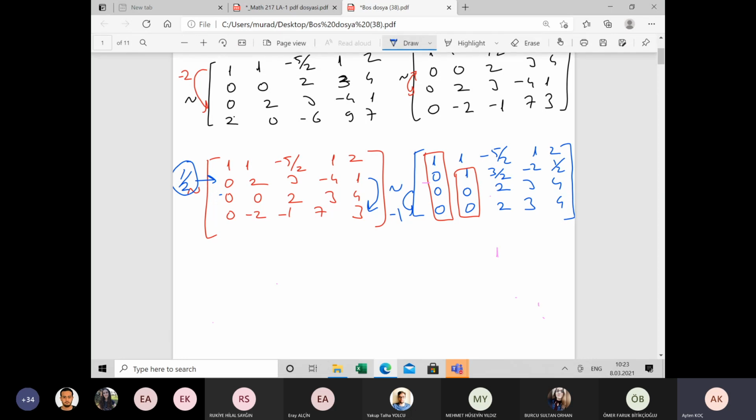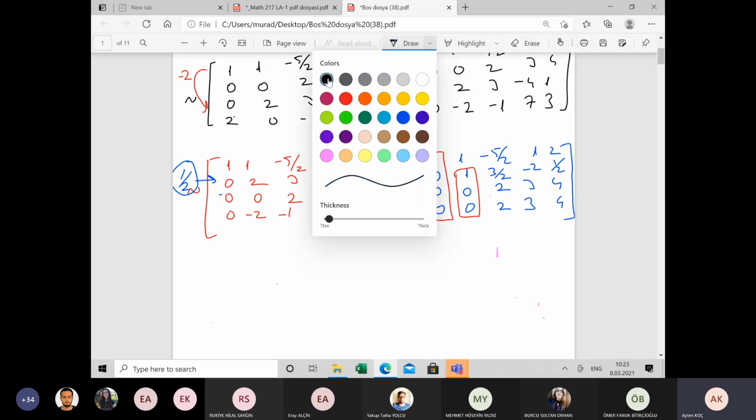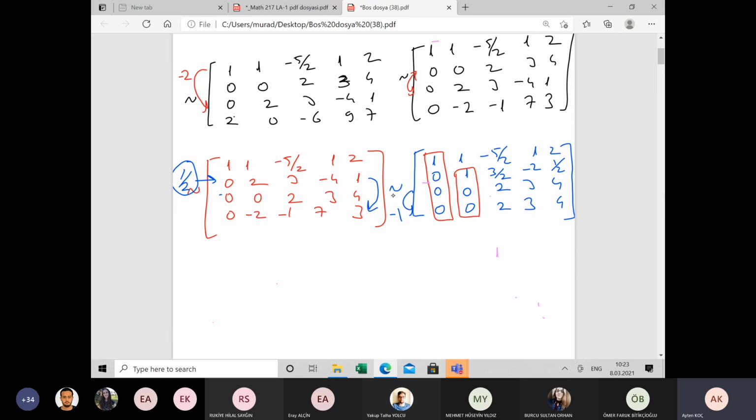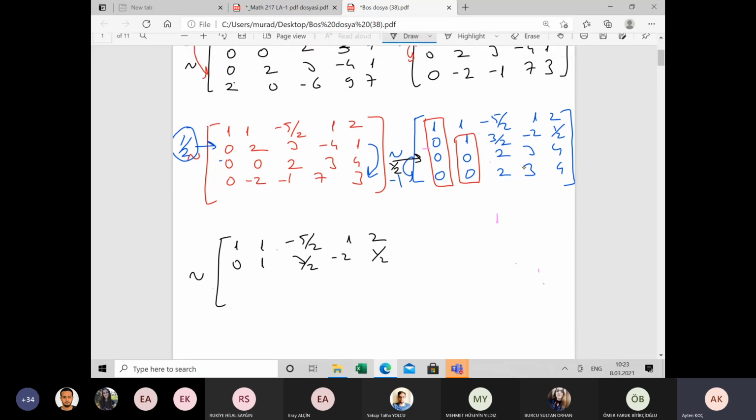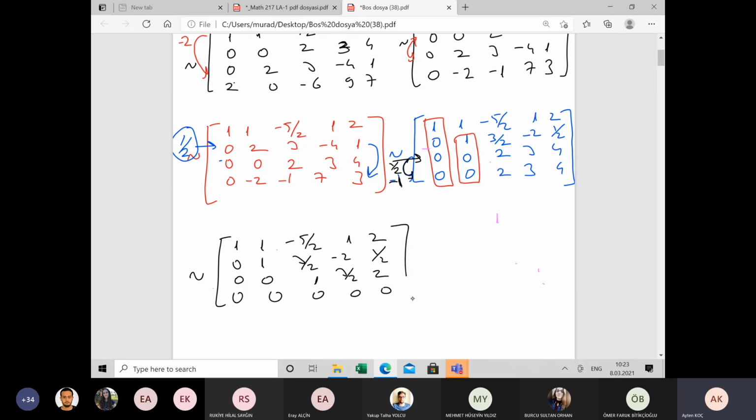And then the next one, of course, multiply 1 over 2, and so we obtain this matrix: -5 over 2, 1, 2, 0, 1, the same 3 over 2, -2, 1 over 2, 0 0 1 3 over 2, 2. But first, apply this one, multiply by -1 for the 0 row. It's okay.